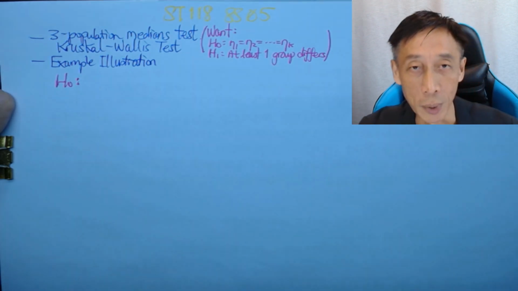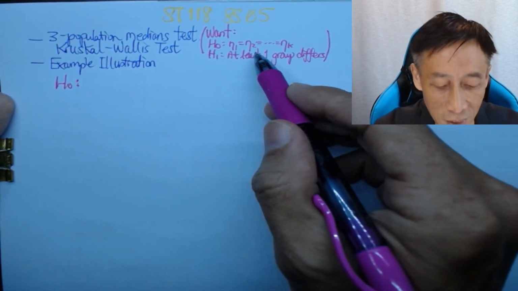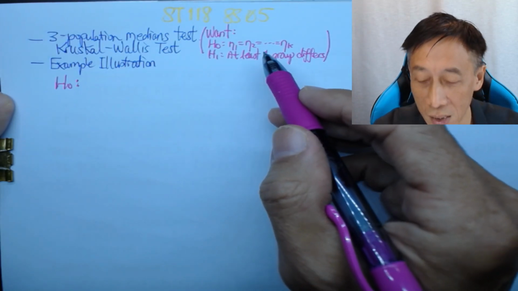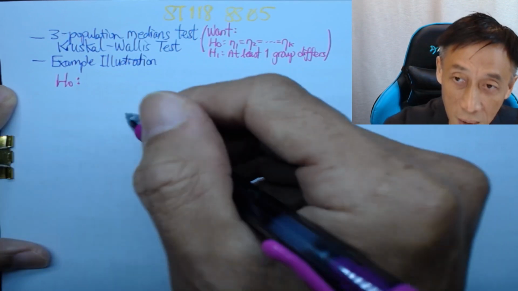So in other words, I need to be very clear here. It's not exactly testing the medians, but as an indirect consequence, we get to test the median. So what exactly are we testing?